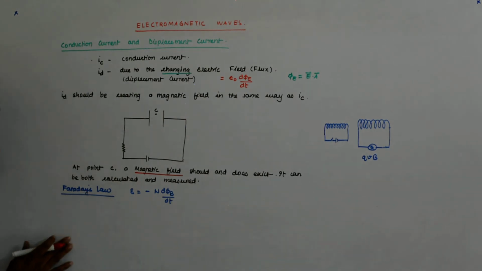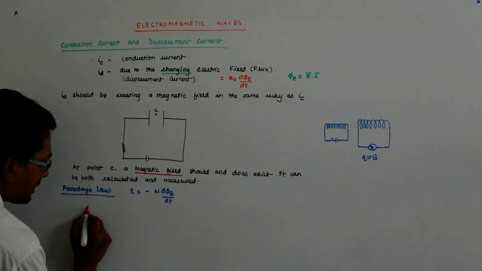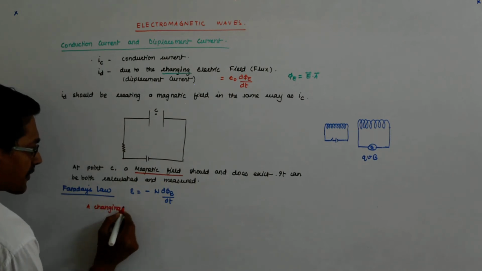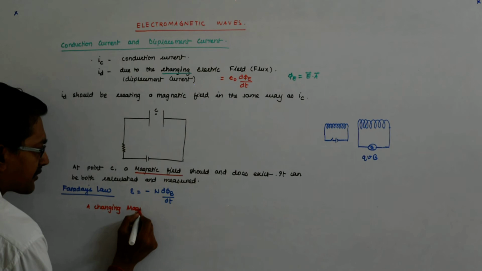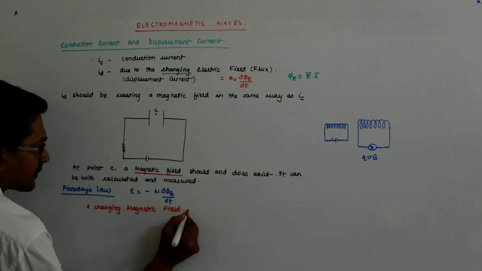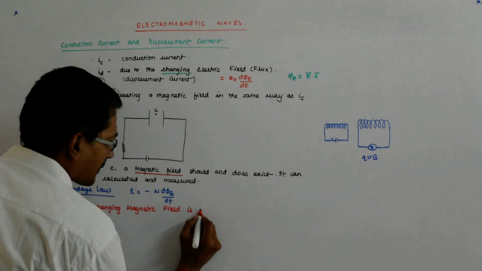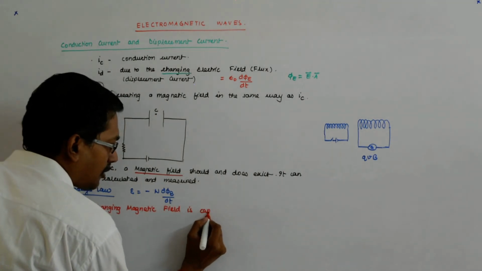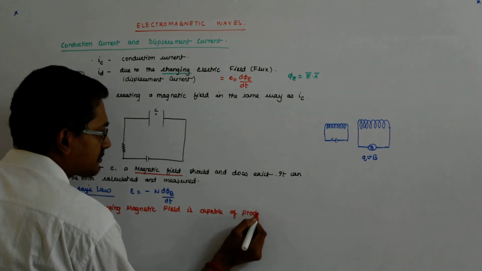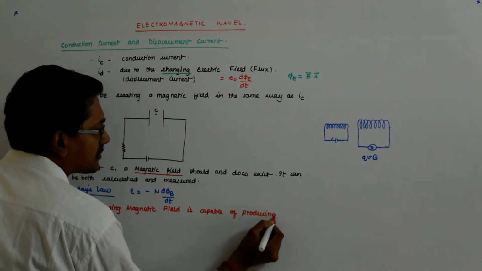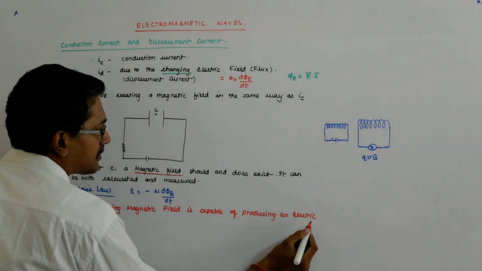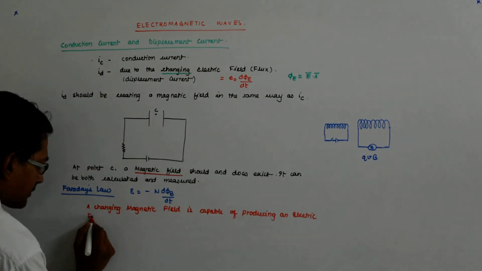So the real impact is that a changing magnetic field is capable of producing an electric field.